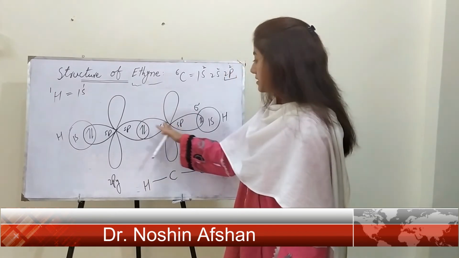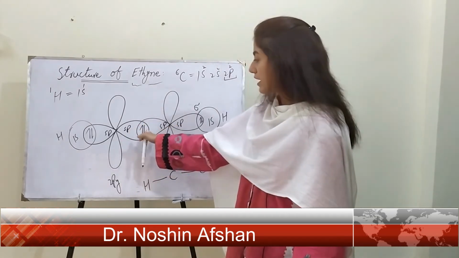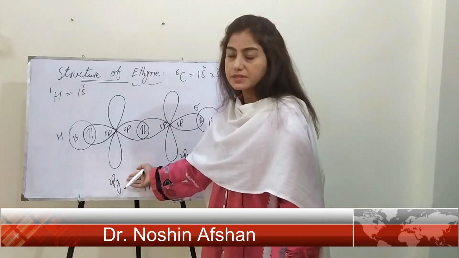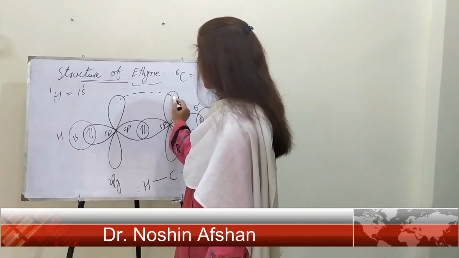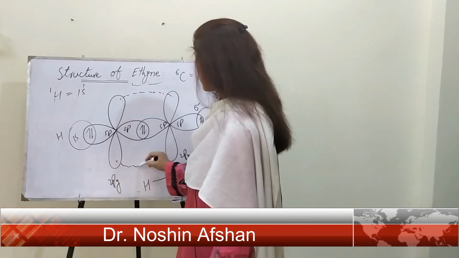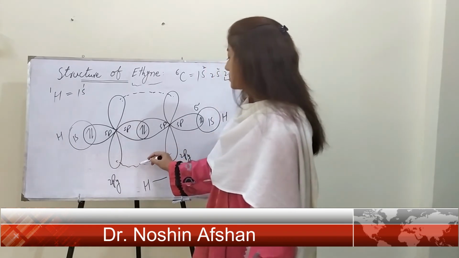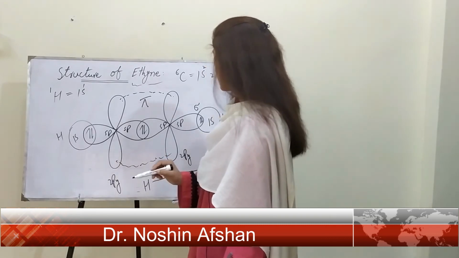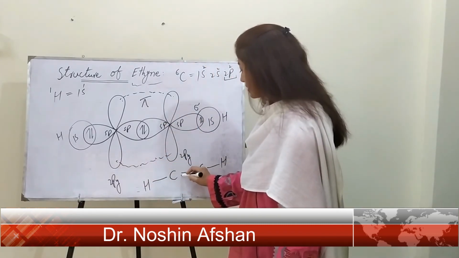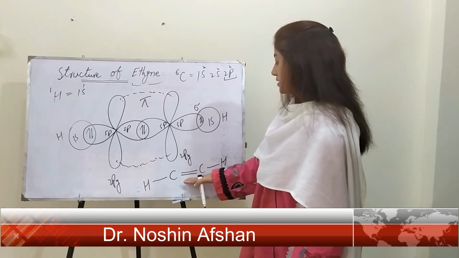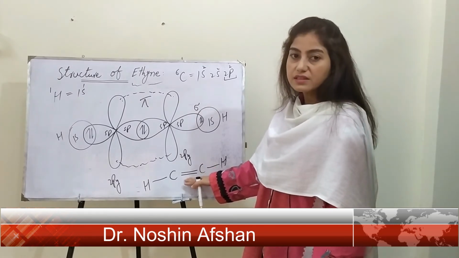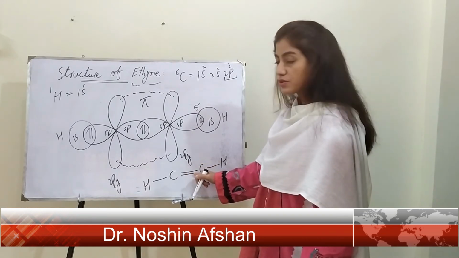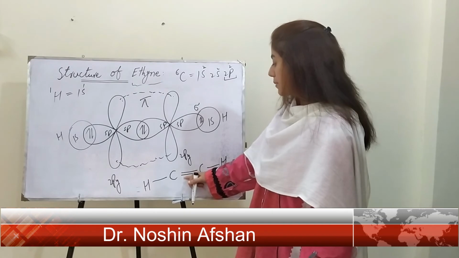So these two carbon atoms would interact with each other with the help of these 2py orbitals, and their electrons would interact to form a pi bond. This pi bond we represent by drawing another line either below or above the sigma bond. So the first line shows the sigma bond and the other line shows a pi bond.